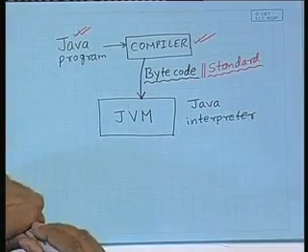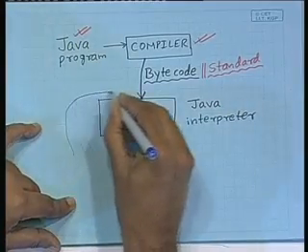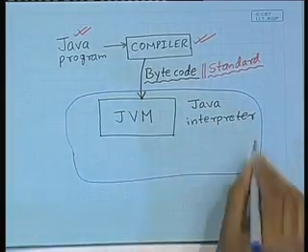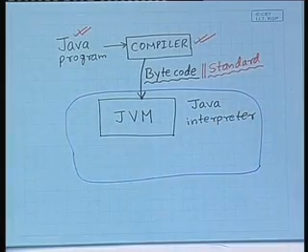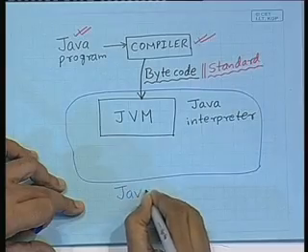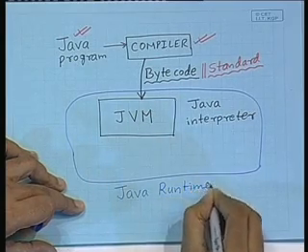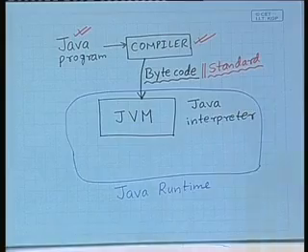But the point to note is that what you have after that is the Java virtual machine, this portion. Now, JVM is not platform independent. What is JVM? Java virtual machine, as I said, is also called Java runtime. This is essentially a Java interpreter which can interpret Java bytecodes.